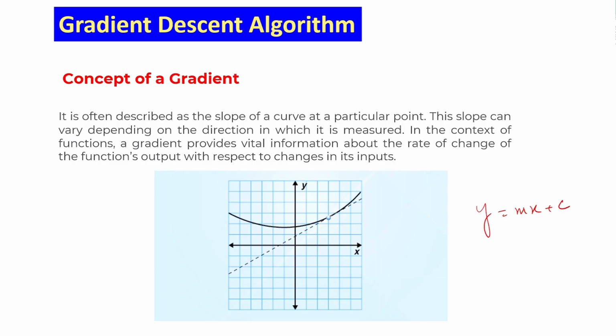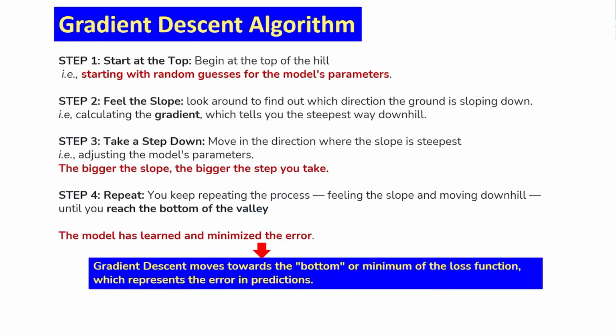So here m is the slope. So it is providing information about the rate of change of y when x is changed. So basically it provides you information about dy/dx, right. That is what is called the rate of change of y with respect to change in the inputs.